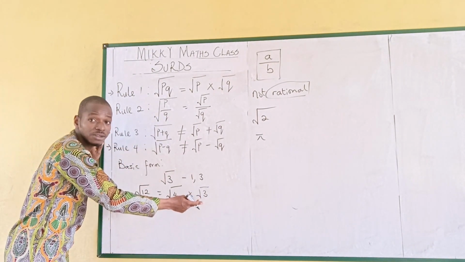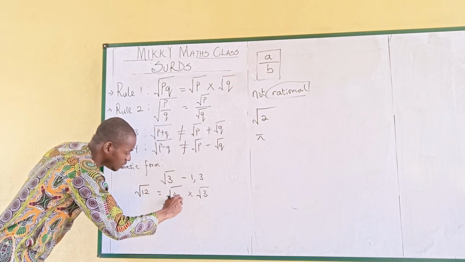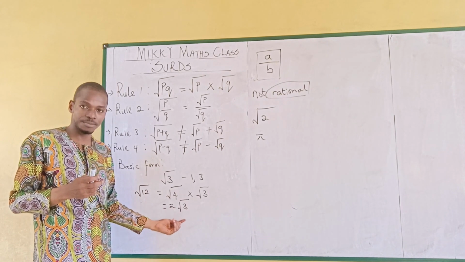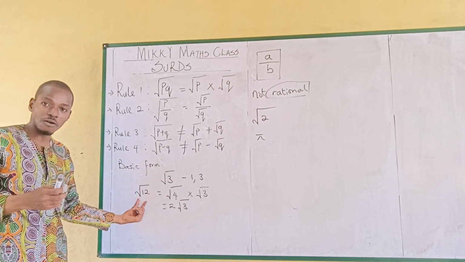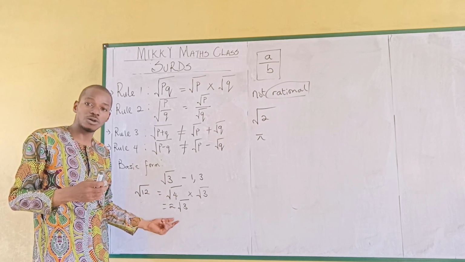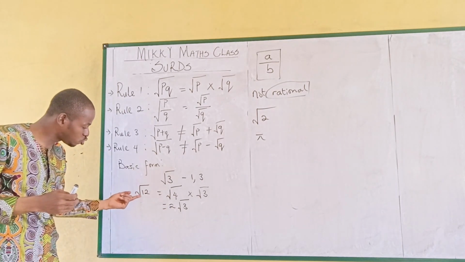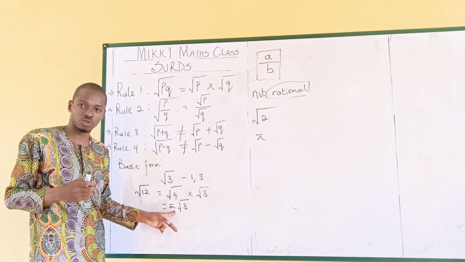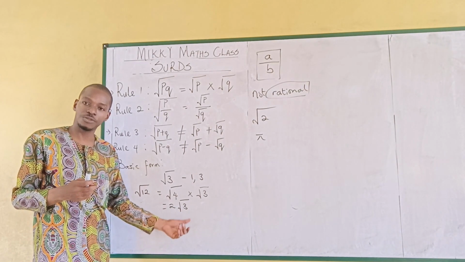I cannot determine the square root of 3, so it doesn't have an exact value, so I leave it like that: 2 root 3. Root 12 has been split into a surd in its basic form. So root 12 is not in its basic form. This is the basic form of the surd, 2 root 3.